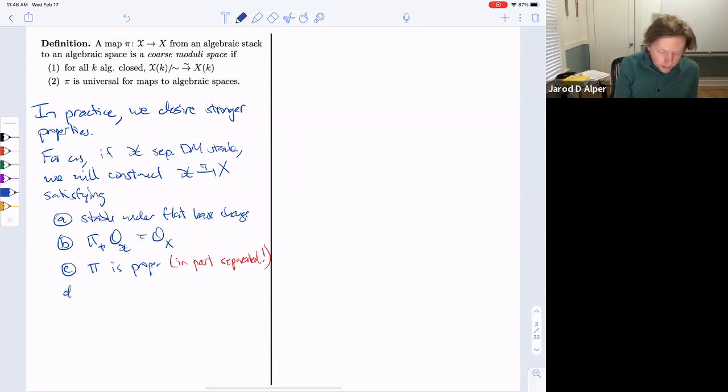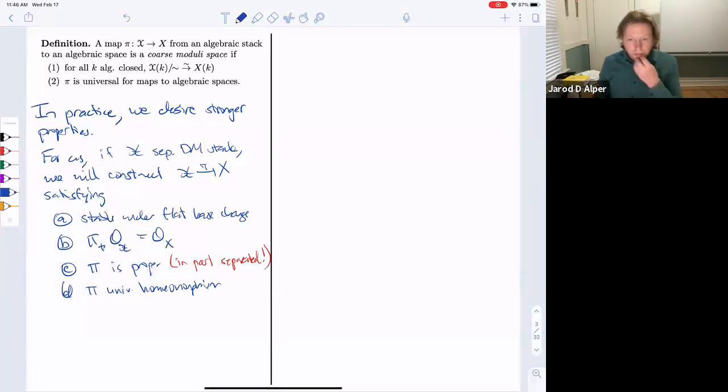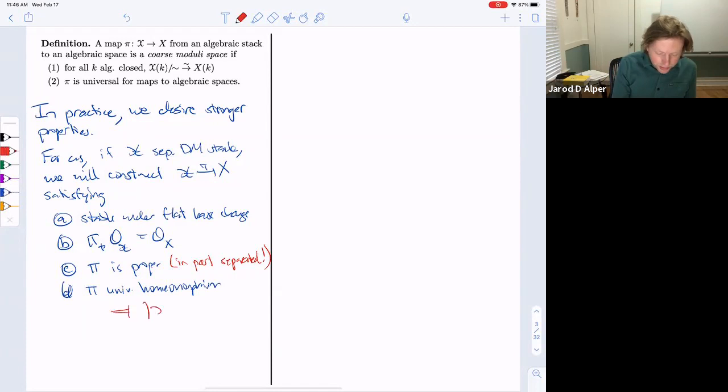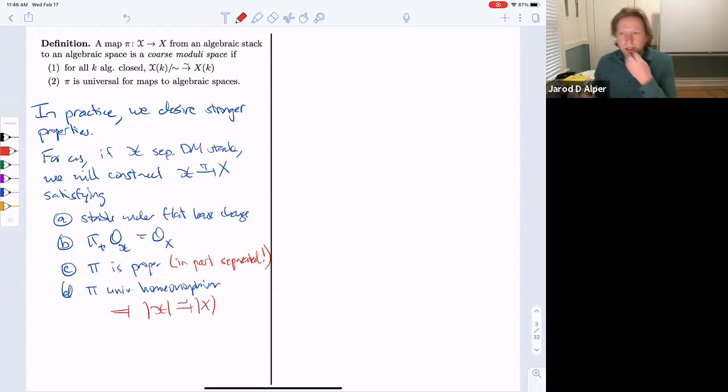And it's also bijective. The definition implies that it's bijective on geometric points, and in our case, it's even going to be a universal homeomorphism. What that means is, for instance, that the induced map on the topological space maps bijectively to the topological space of the algebraic space.